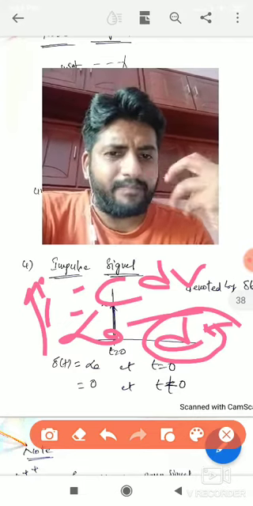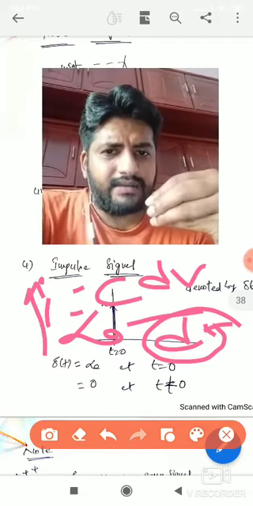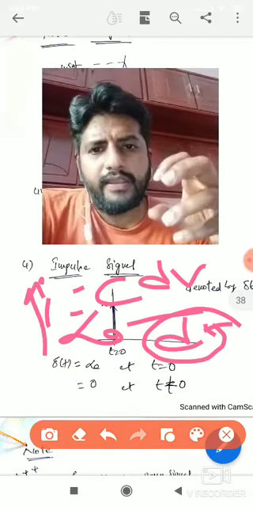If you apply these types of impulse signals, suppose I have a system and I don't know how the system behaves, it may have a lot of drawbacks. If you want to analyze that system's performance, you directly apply an impulse signal. If you apply a step signal as input to the system, you have some function, and you get the output. If you apply an impulse signal as input, you don't have any function; directly whatever the system is, that will come in the output itself.